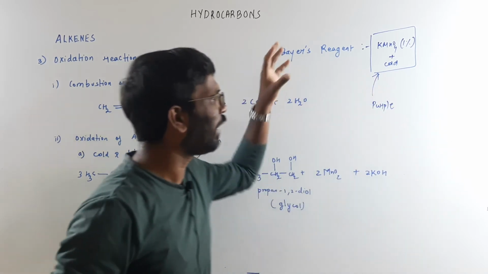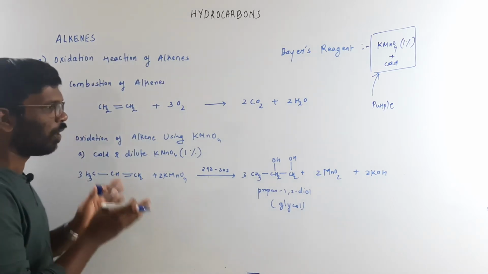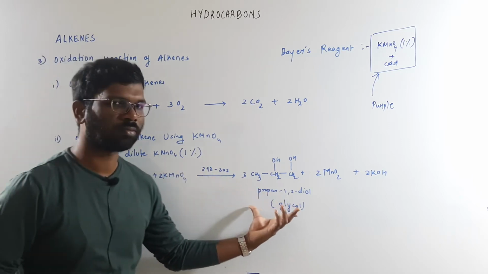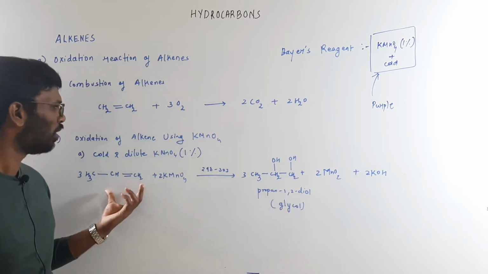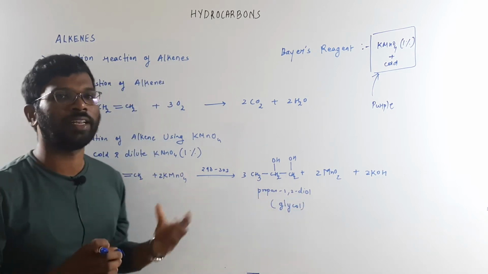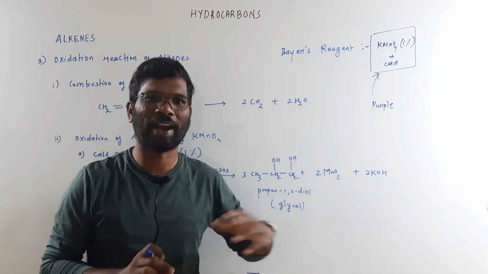Here KMnO4 is purple, and when we add it to any alkene, due to this reaction with the unsaturation, there is decolorization of the purple color that you have added.